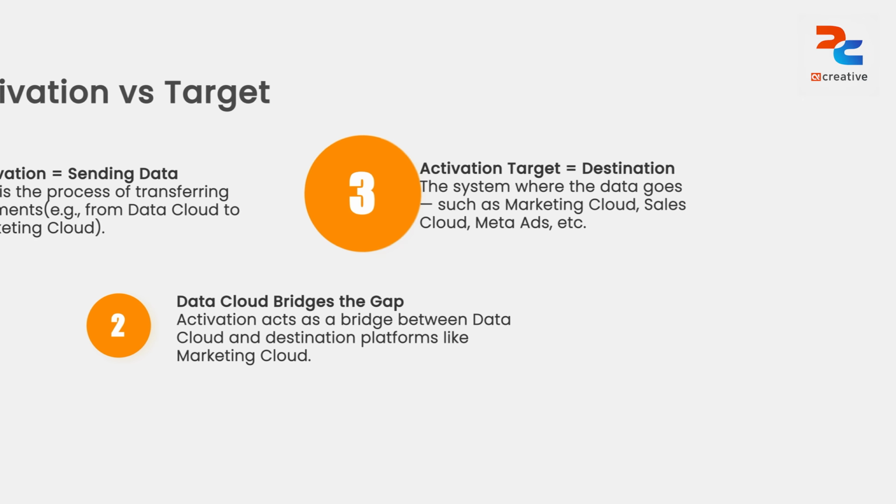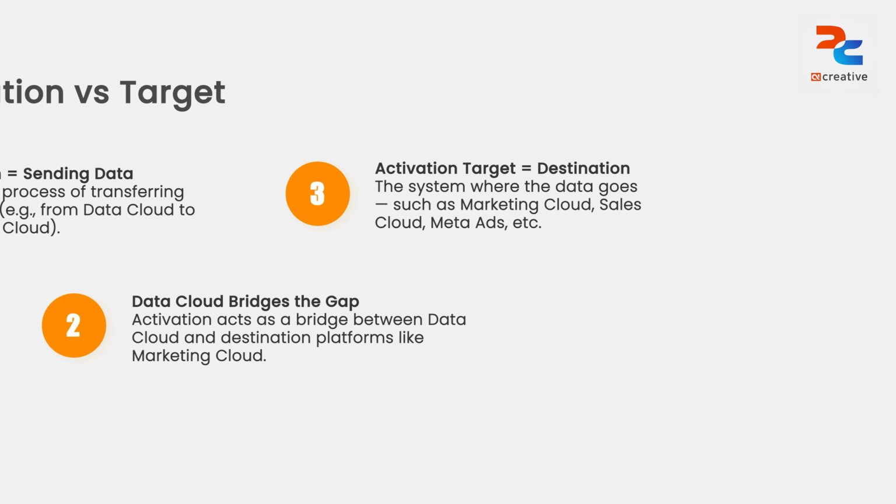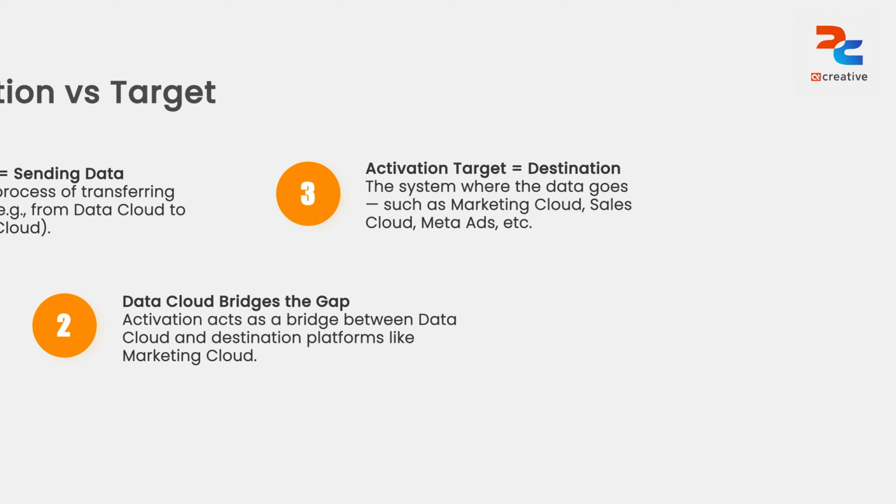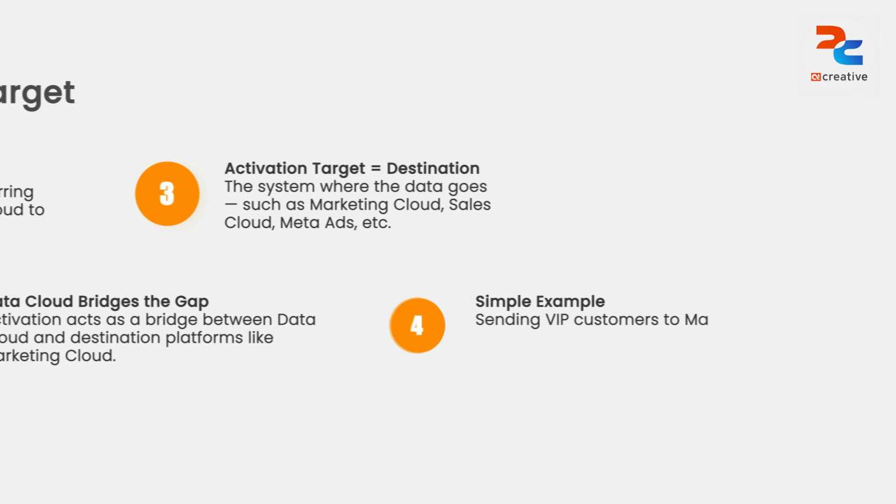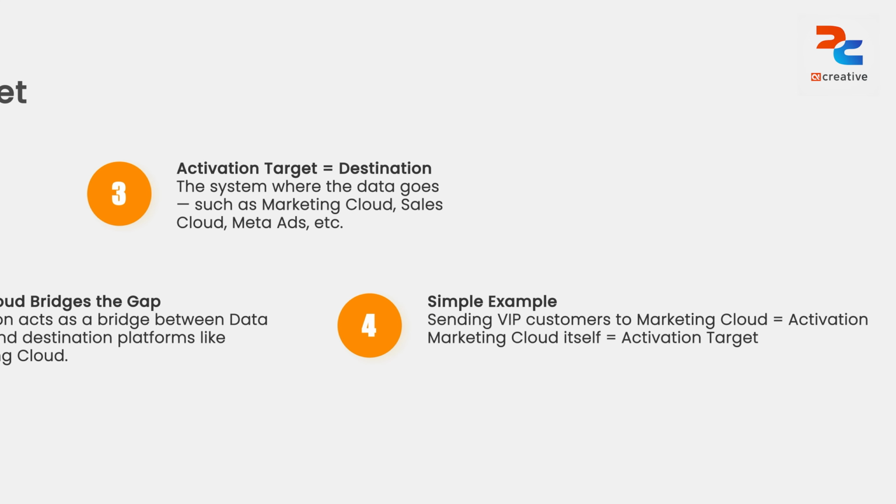And the activation target is where you are sending data, so it would be your destination, like Marketing Cloud, Sales Cloud, and so on. Let's take an example. If you are sending your VIP customer segments to Marketing Cloud, that whole process is activation, and Marketing Cloud is your activation target. That's clear now, the difference between activation and activation target.